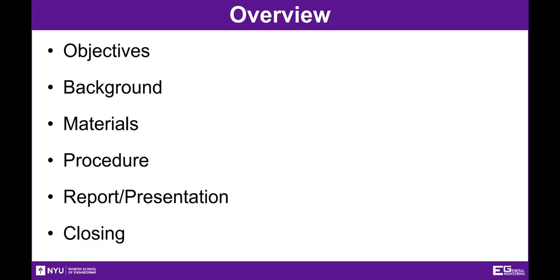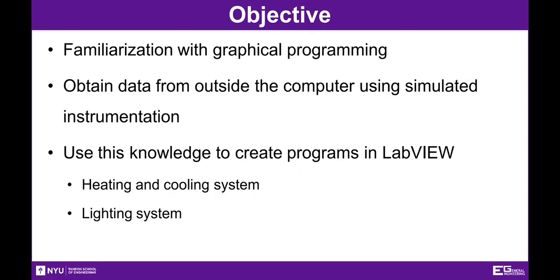Okay, so we will go through this overview, which is relatively short. You will find the presentation also in your assignment. What is the difference between LabVIEW and other computer languages? It is graphical programming. You are not writing code.